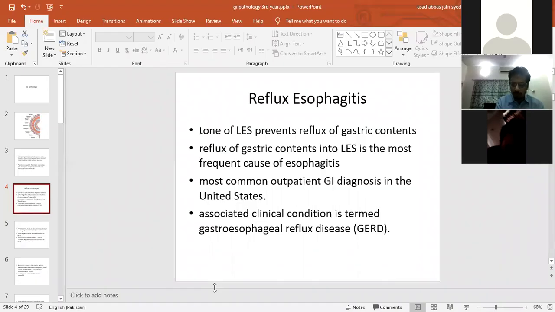It is a very common outpatient GI diagnosis in the United States. Not only in the United States, even in our part of the world, reflux esophagitis is a fairly common problem. And the severity can vary from very mild to very severe, as we'll see in the subsequent slides. The associated clinical condition is termed gastroesophageal reflux disease.